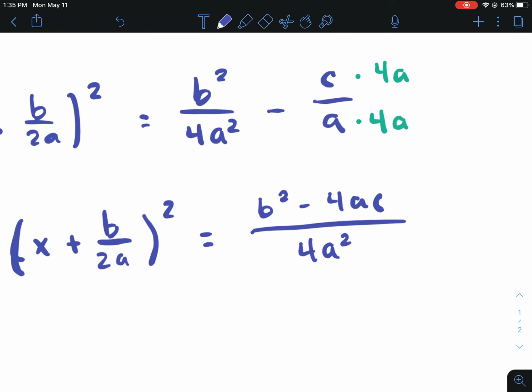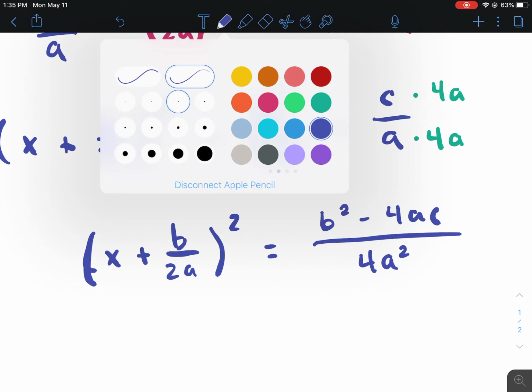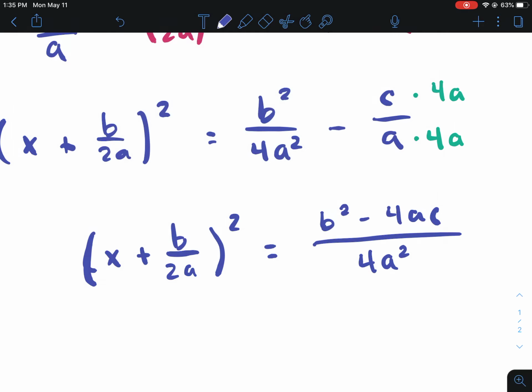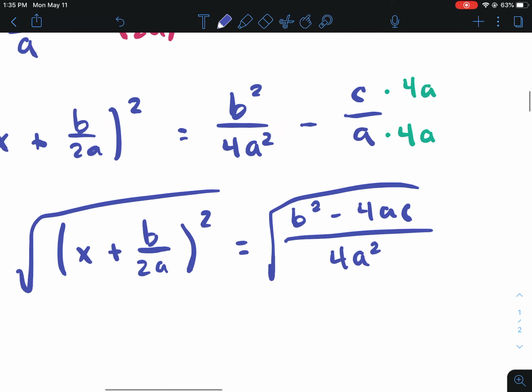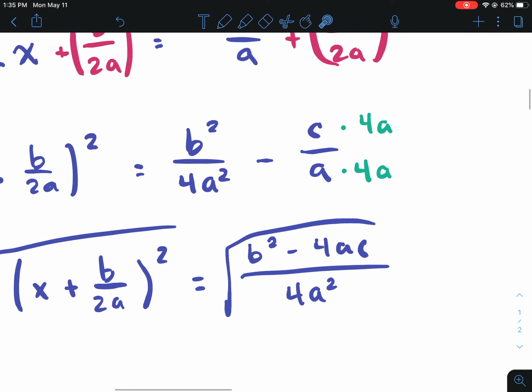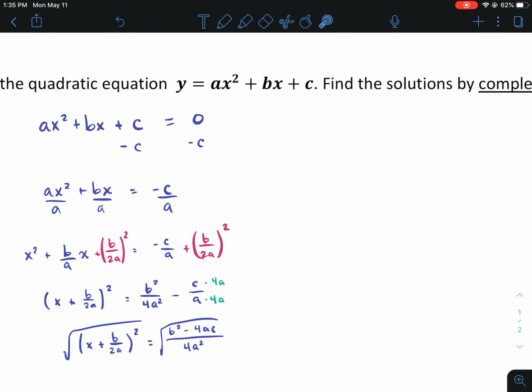Okay, so now we have a perfect square, so we're actually going to take the square root of both sides. So we can't really take the square root of this numerator, but we can take the square root of the denominator, right? And so this is going to simplify. I'm going to continue this up here.